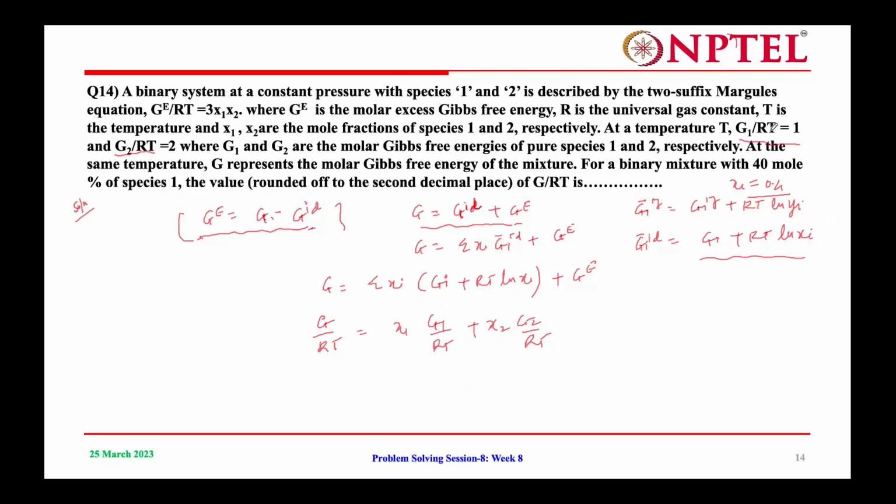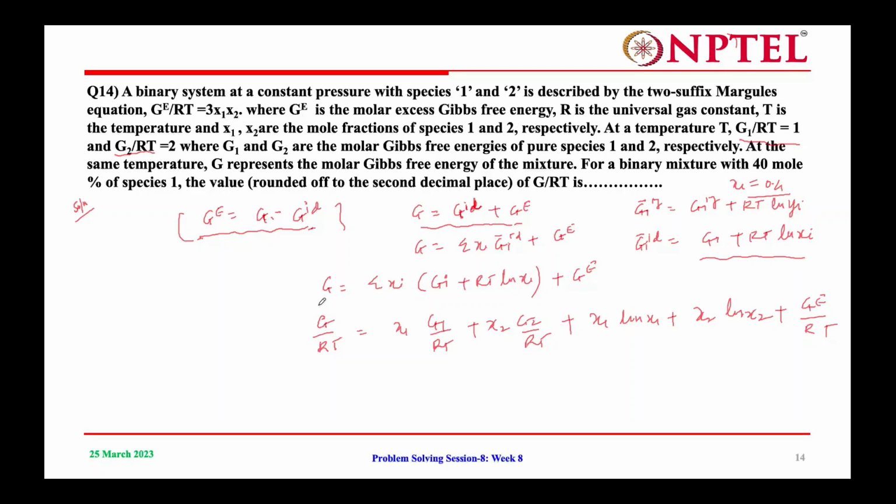Here G1 divided by RT is given, right? The RT cancels, so x1 ln x1 plus x2 ln x2, right? Here are the two components, plus GE by RT.